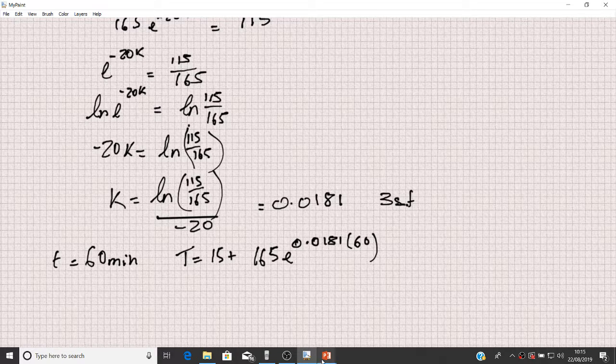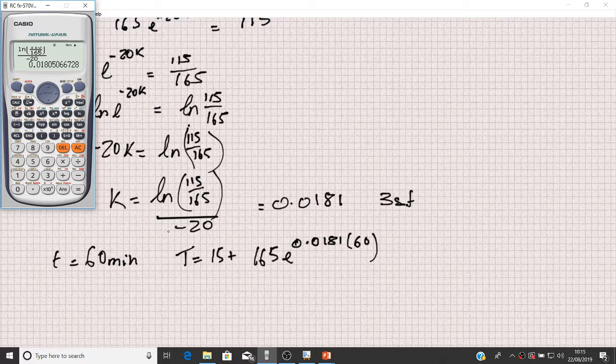And I calculate that, which will give me a prediction for the oven temperature after 1 hour or 60 minutes. So it's 15 plus 165 e raised to the power of answer times 60. Using answer again because it's the last answer that was on the calculator, so it'll take the exact value.